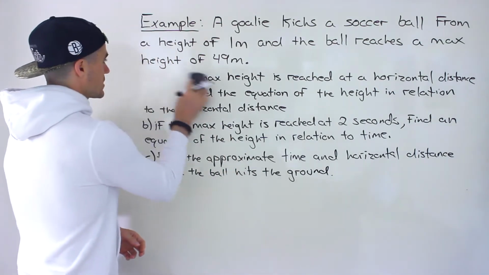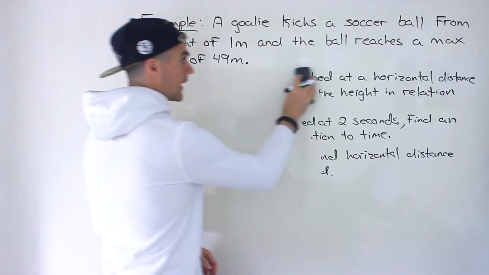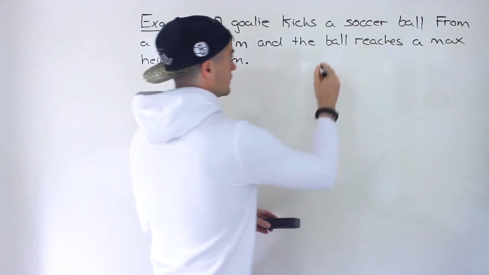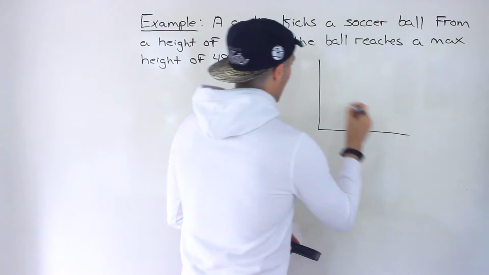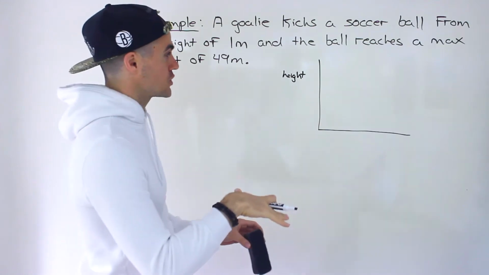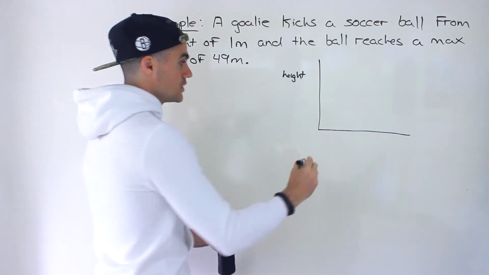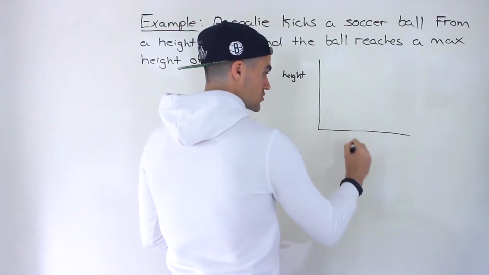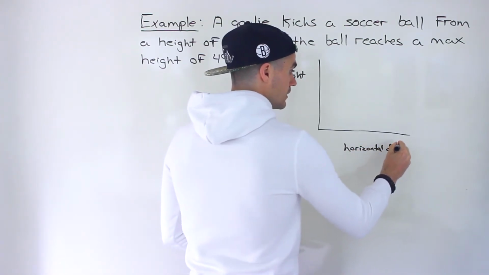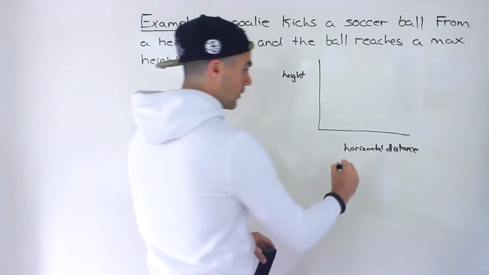So with these kinds of questions, where a ball is either thrown or kicked, it's a common type of scenario. You can have the height in relation to a few things. In this particular question, it's going to be in relation to two different things, so we're going to have two different graphs, two different equations. You can have the height in relation to the horizontal distance, and that's what's going to happen in part A. But you can also have the height in relation to time after the ball is kicked.